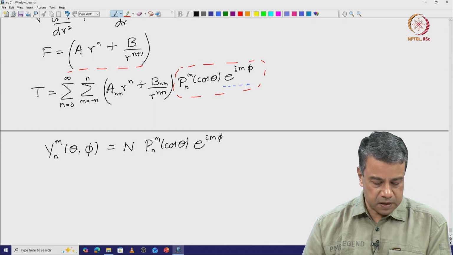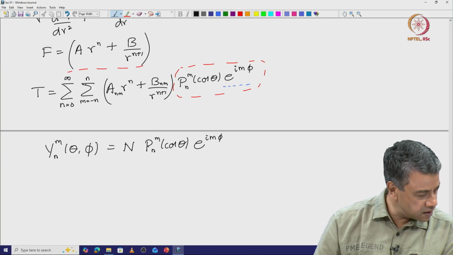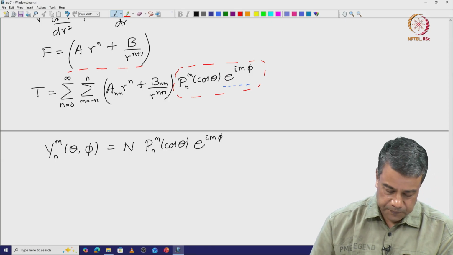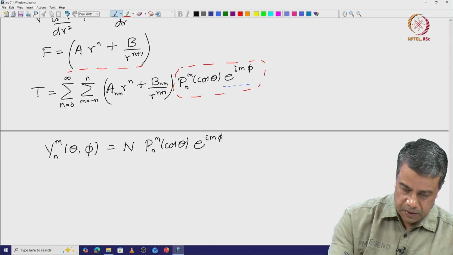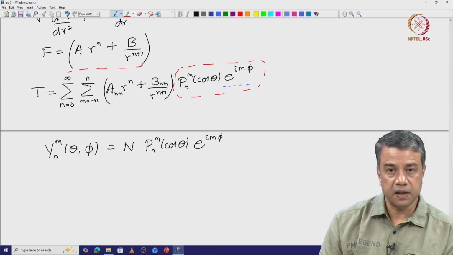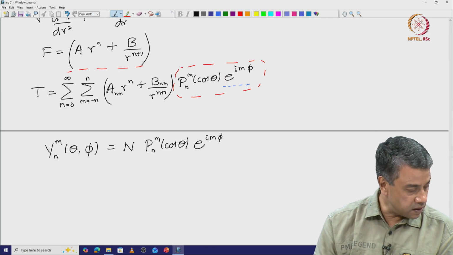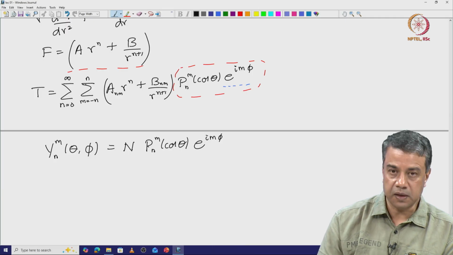This normalization constant is chosen such that the spherical harmonics satisfy the orthonormality condition, that is, the integral turns out to be equal to 1.